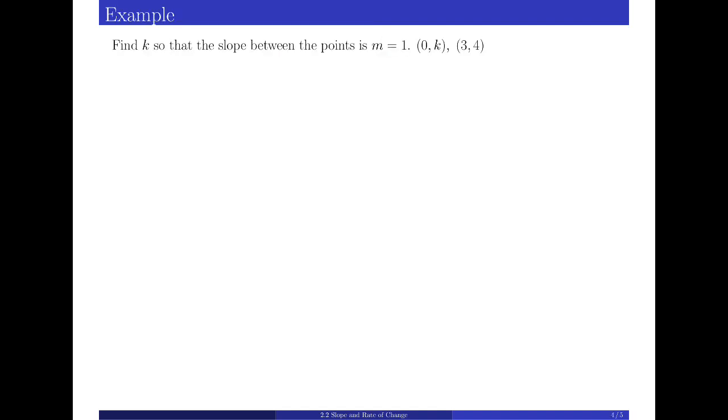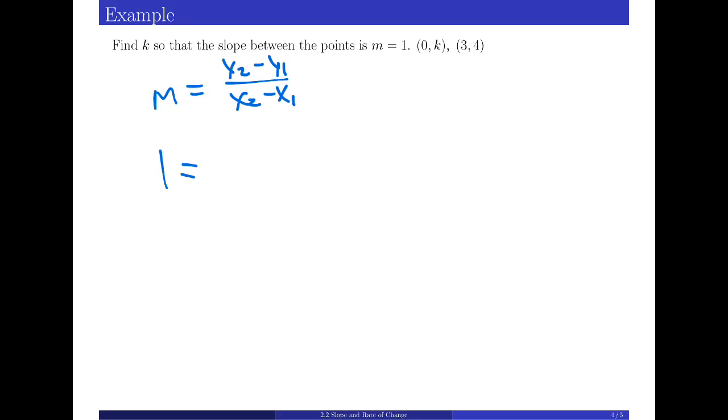One more example for a type of problem that I think I might have you doing on the homework. Find a k. So we're given a slope and we're given 2 points, except a coordinate's missing. So we want to find the coordinate that would give us that slope. So basically, just plug everything we know into the slope formula. We know that the slope is 1.